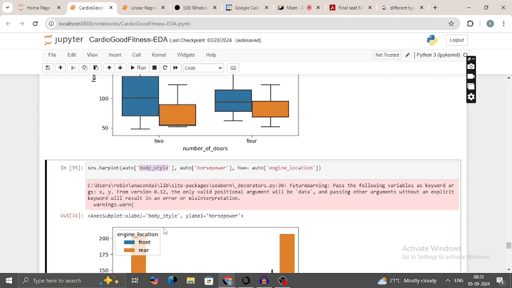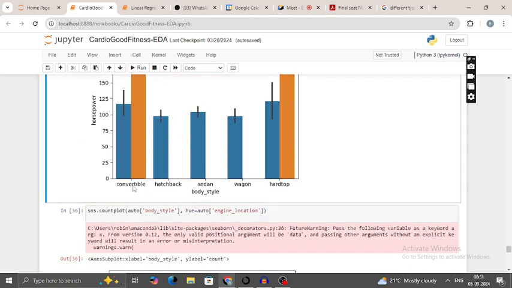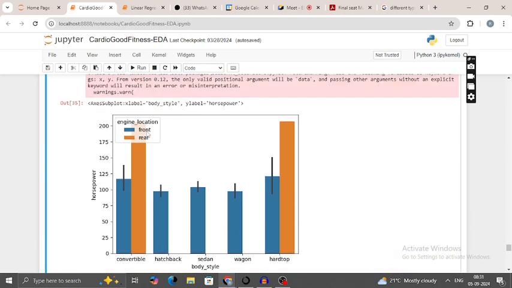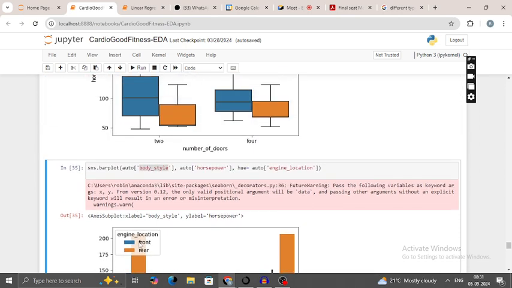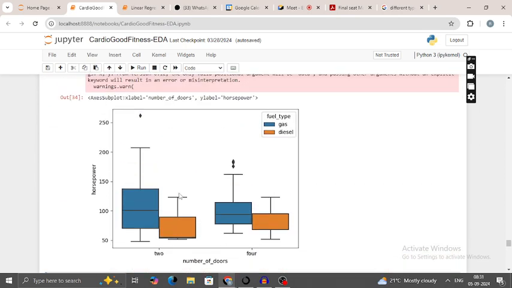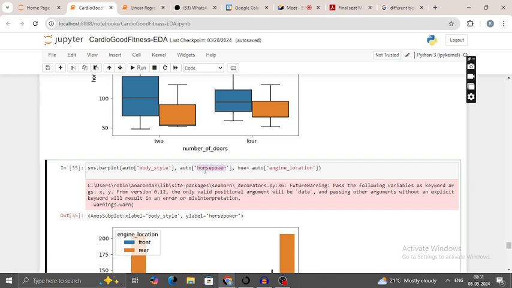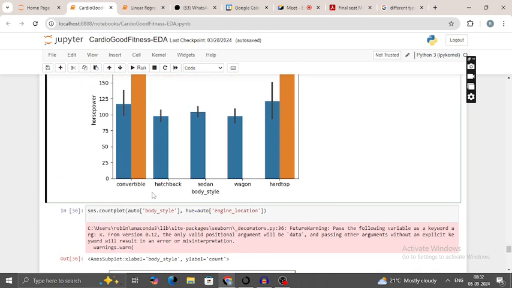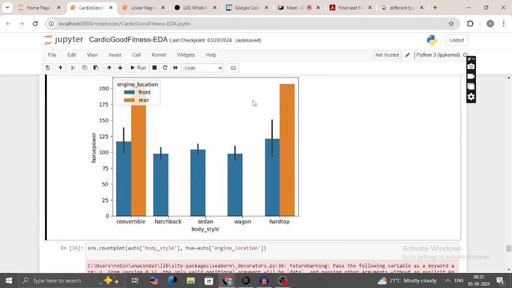Body style, you have different body styles: convertible, hatchback, sedan, wagon, hardtop. Body style versus engine, whether the engine is mounted on the front side or the rear side, that is also an object. Versus horsepower, which is continuous power output. See, three variables analyzed in one graph, possible.